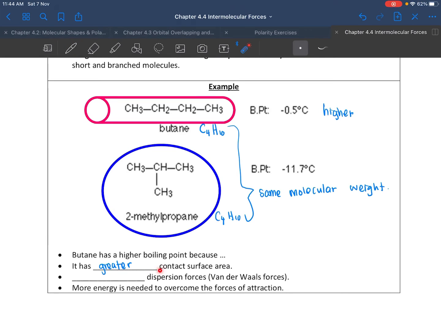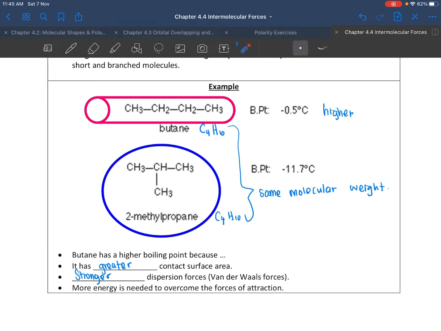Since there is greater contact surface area, the attraction between butane and another butane is very strong. So we write here stronger dispersion forces or van der Waals forces. Since the dispersion forces between butane molecules are very strong, more energy is needed to overcome the force of attraction. So that's why butane has a higher boiling point.